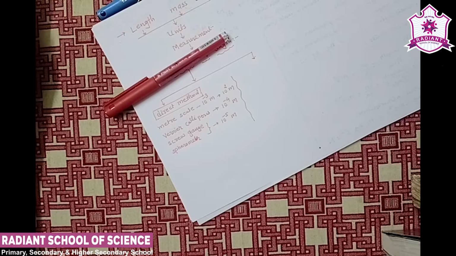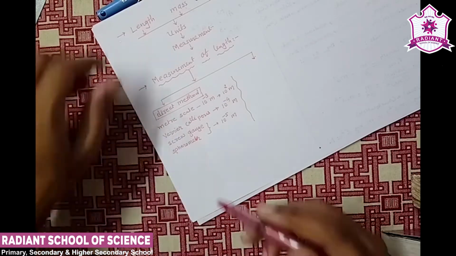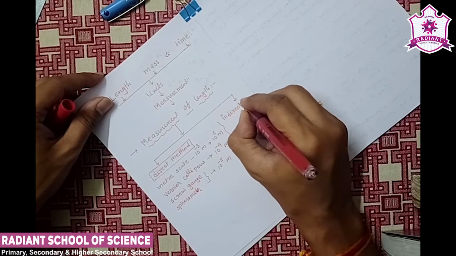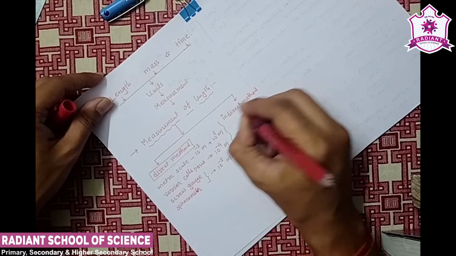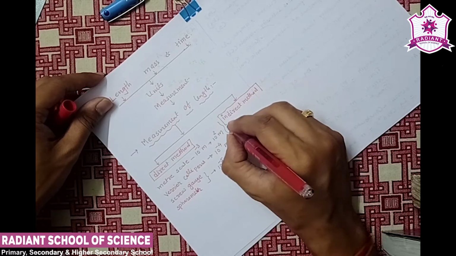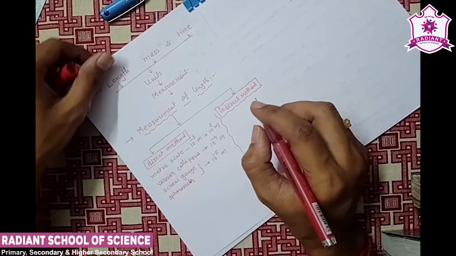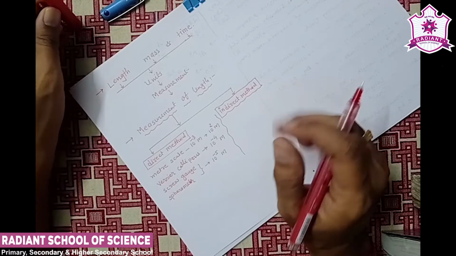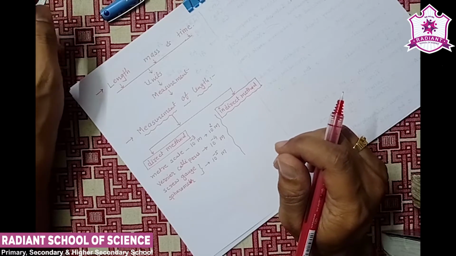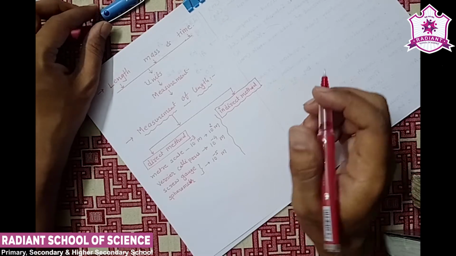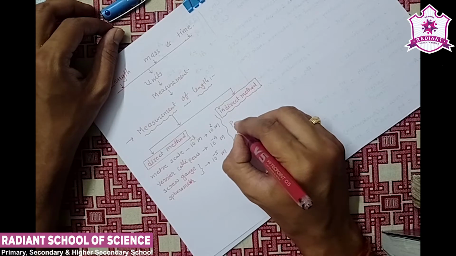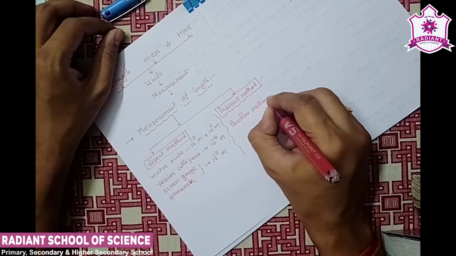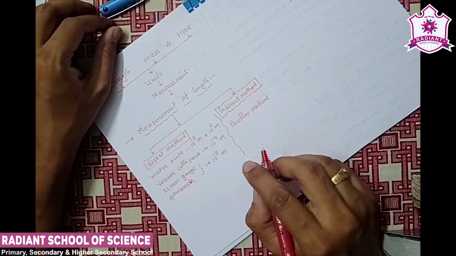For that we use another method, called the indirect method, in which we do not use a scale directly, but some known values are kept. The range is from kilometers to light years, and one of the best methods to measure a large distance is called the parallax method.